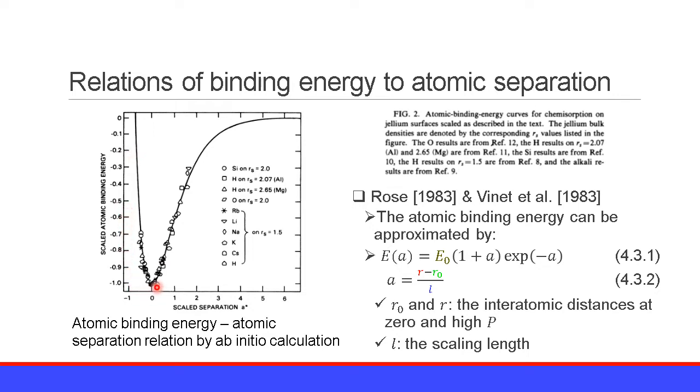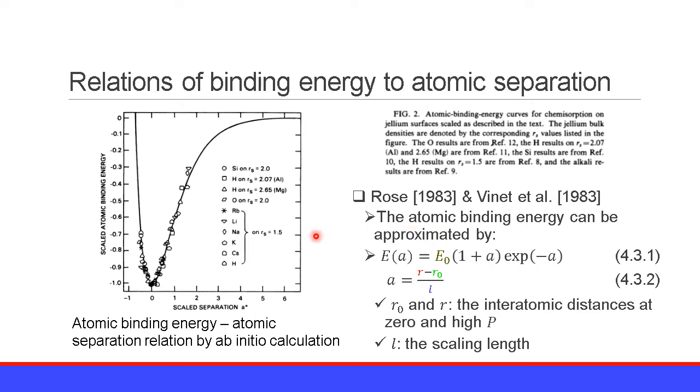data lies on this curve, and the formula of this curve is F0 times 1 plus A times the exponential function of minus A. A is the scaled atomic distance, R is the interatomic distance at high pressure P, R0 is the interatomic distance at 0 pressure, and L is the scaling length.